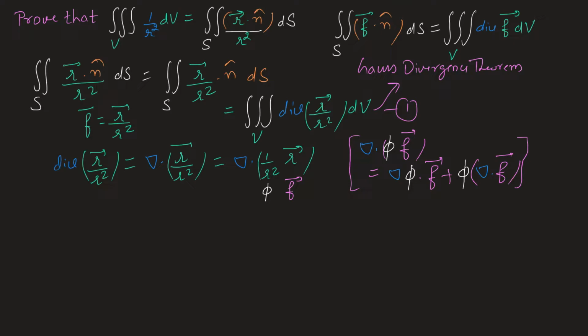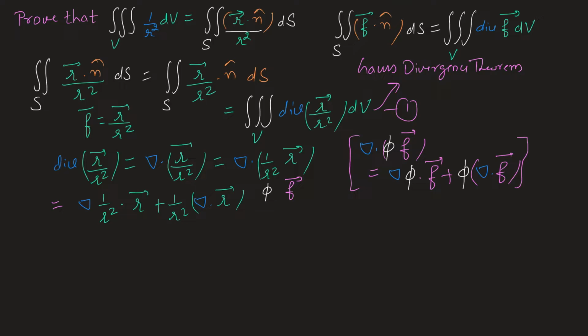So this formula we are going to use over here. This is equal to del of 1 by r square dot r vector, plus 1 by r square times del dot r vector.